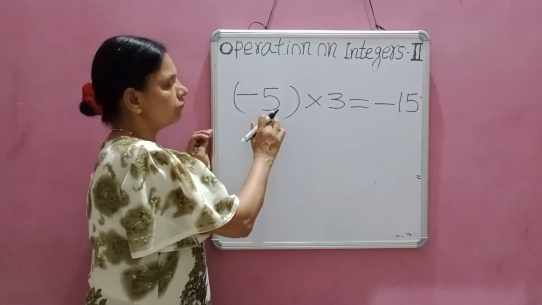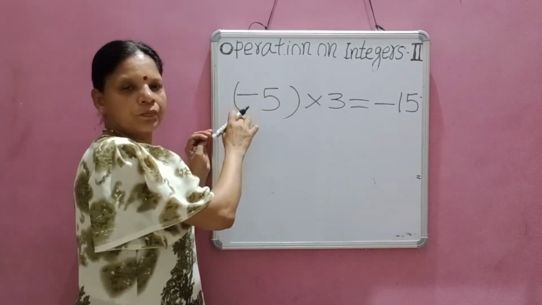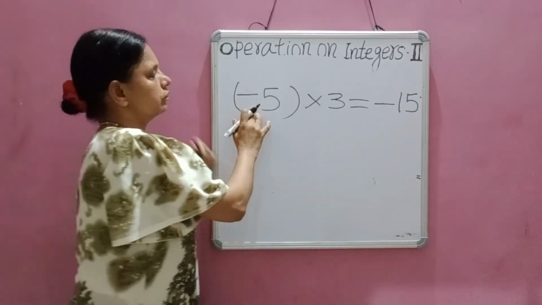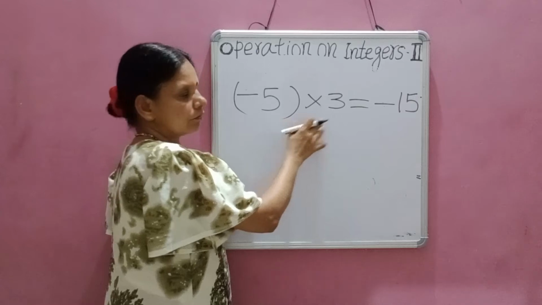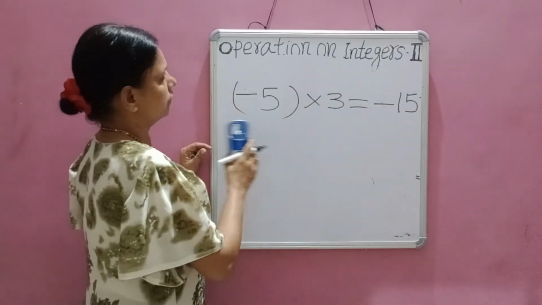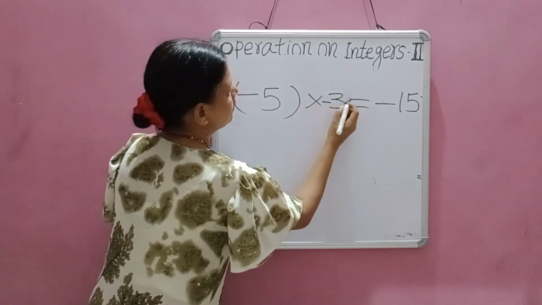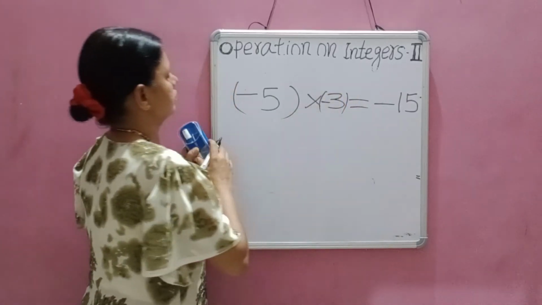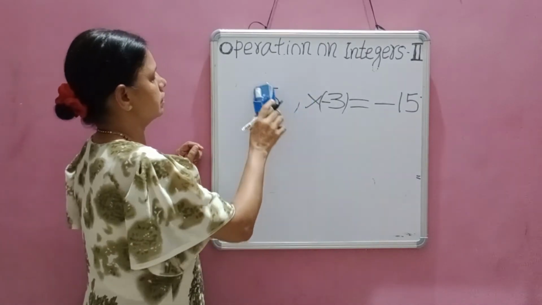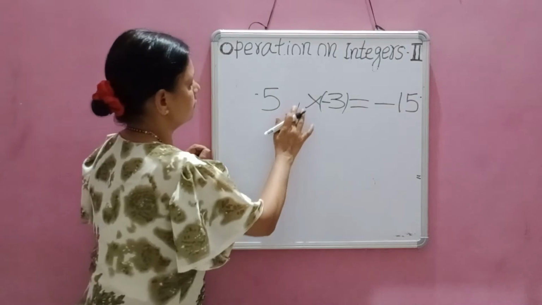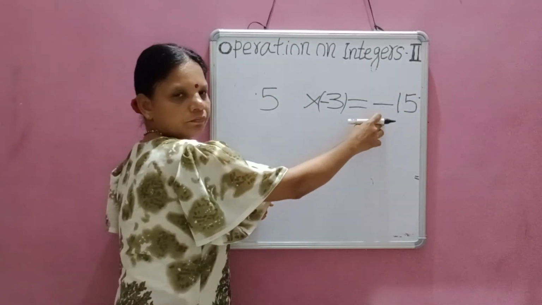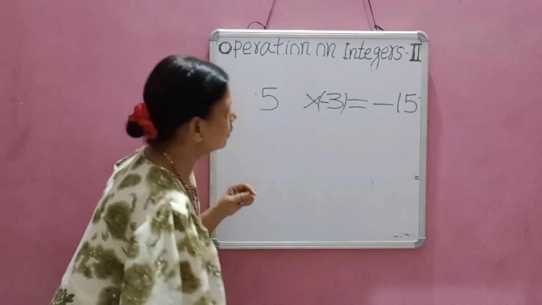So here what will happen? 5 3s are 15. Opposite of 15, minus 15. Clear? Similarly, if this is negative and this is positive, then also what will be the answer? 5 into minus 3? Minus 15. So what is the rule?